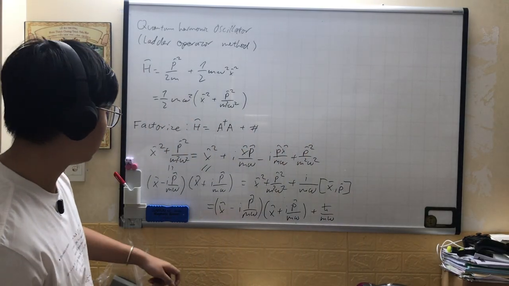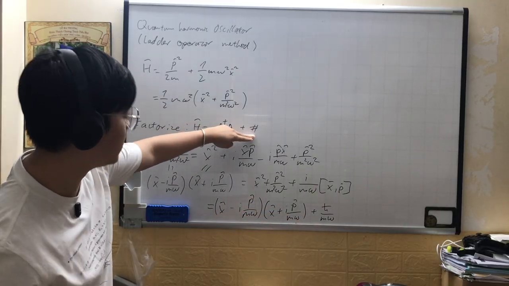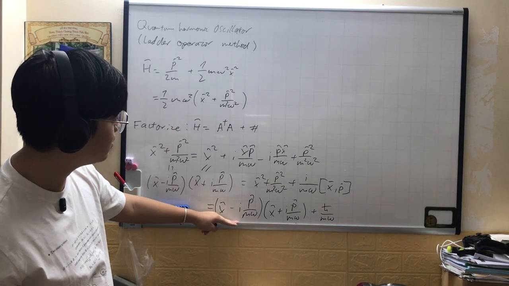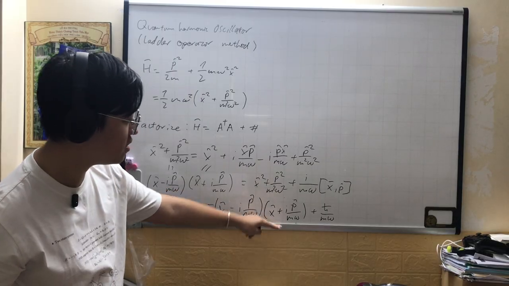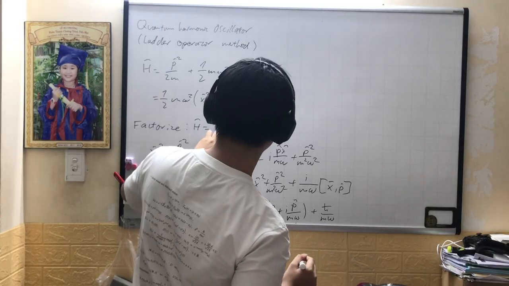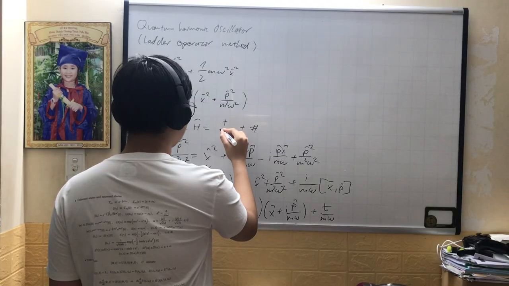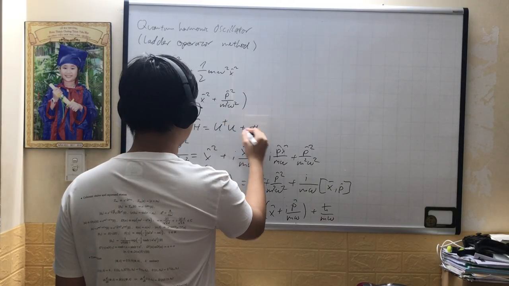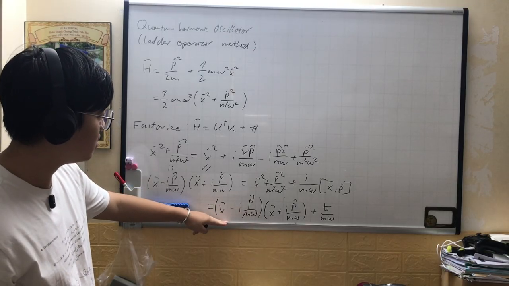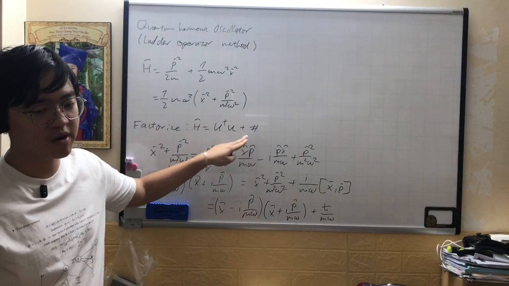You can see that this looks very similar to this, so you can assign this to be our a dagger and this to be our a. That might be a little bit confusing as we're going to use a and a dagger later on, so let's say this is u. We're going to assign this to be u dagger and that to be our u. And that would be the number that we needed right here.